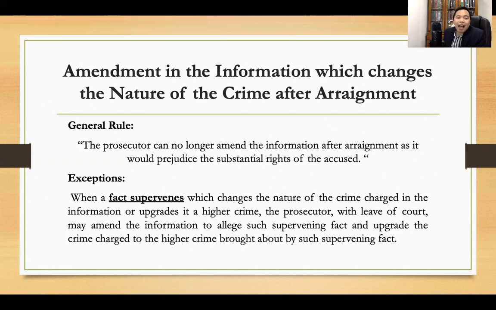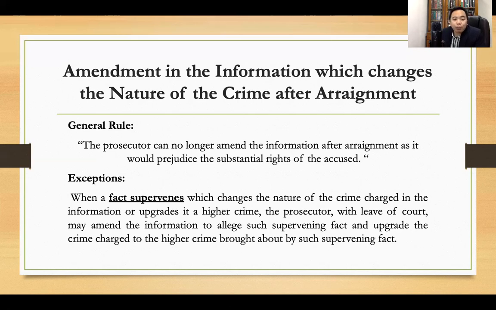Now, as a rule, class, the prosecutor cannot amend the information after the accused has entered his plea because it will prejudice the substantial rights of the accused. Is there an exception from the general rule? Answer, yes.